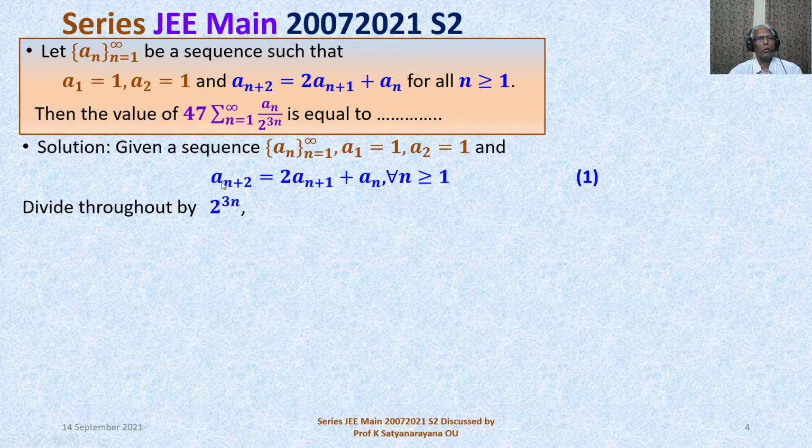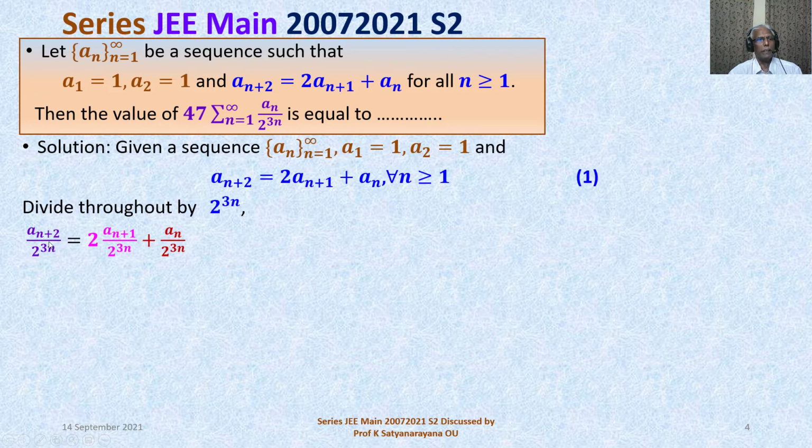Dividing throughout by 2 power 3n, we get a_(n+2) by 2 power 3n is equal to 2 times a_(n+1) by 2 power 3n plus a_n by 2 power 3n. Now, I will balance here the n plus 2th term, and this 2 power 3 times n plus 2.